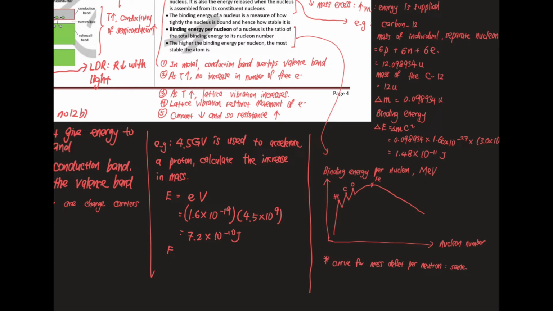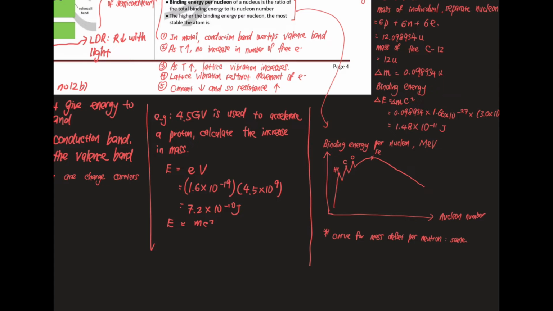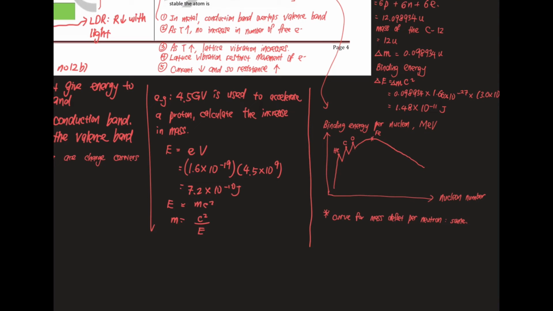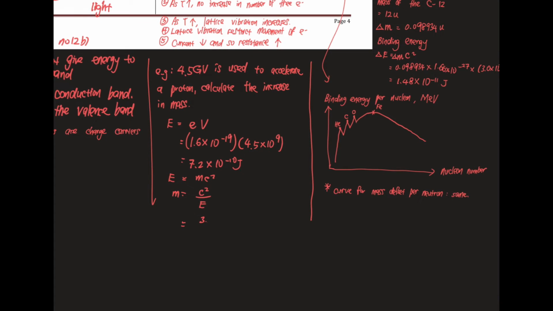Then we use E equals mc squared. Then we substitute the values, 3.0 times 10 to the power 8 squared, and E is 7.2 times 10 to the power negative 10.